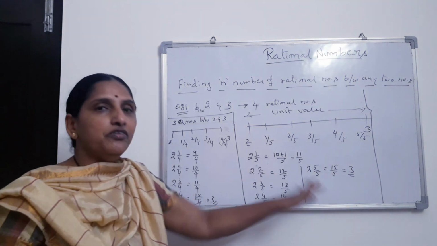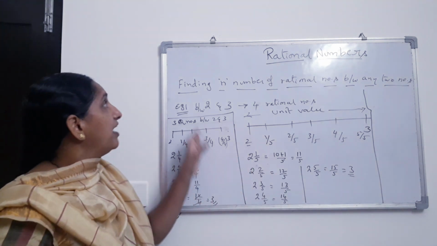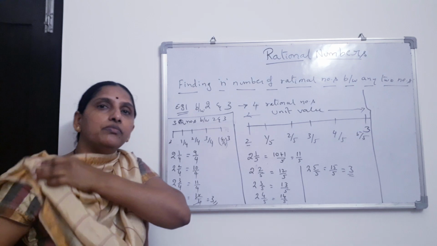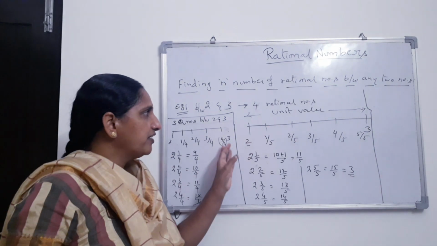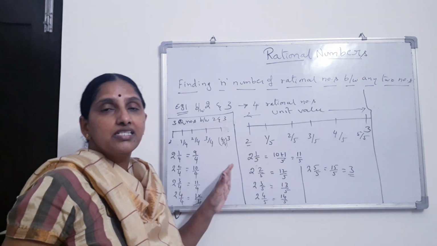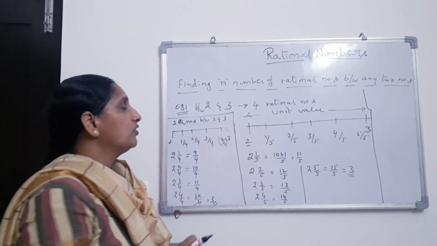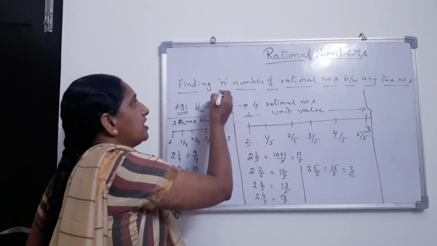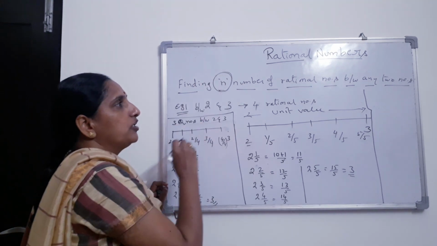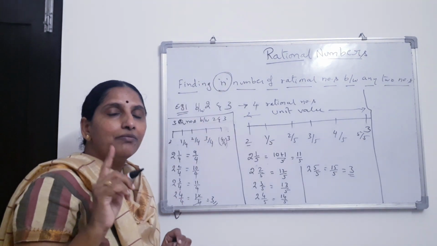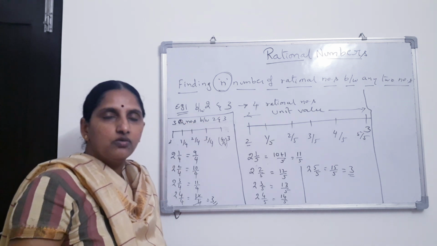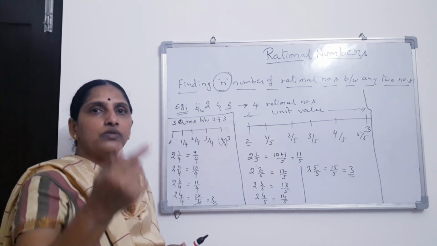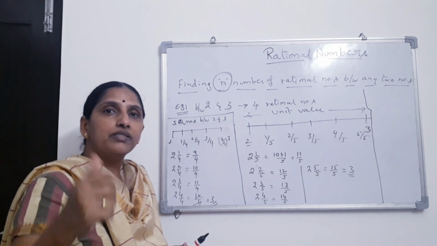So this is how you find a number of rational numbers between the two given numbers. It is very easy, uniform and easy to do. The only thing you have to remember is if n rational numbers are asked, your denominator value should be n plus 1 while you are dividing it into equal divisions. So 1 by n plus 1, 2 by n plus 1, 3 by n plus 1, 4 by n plus 1 and so on.